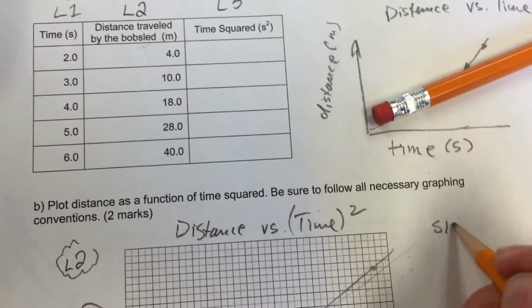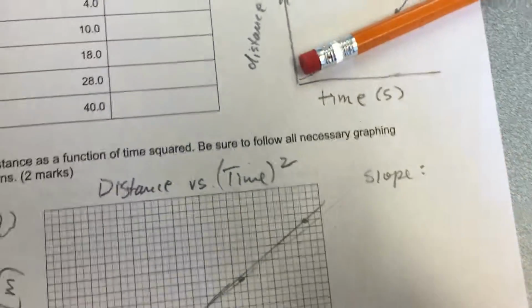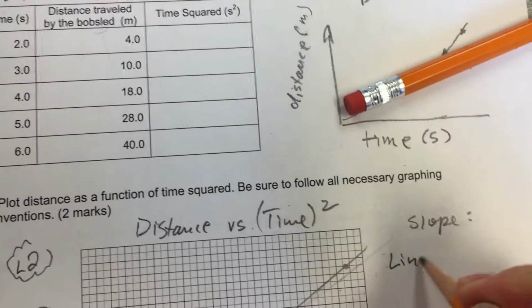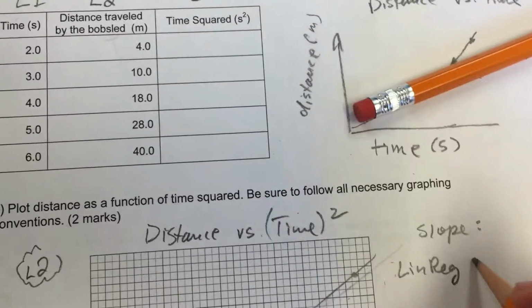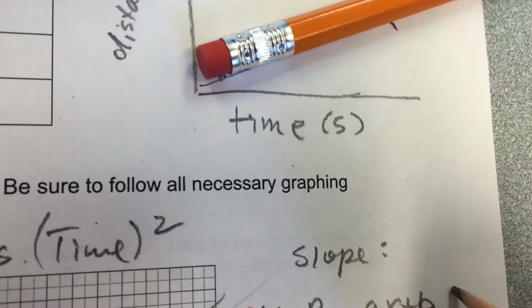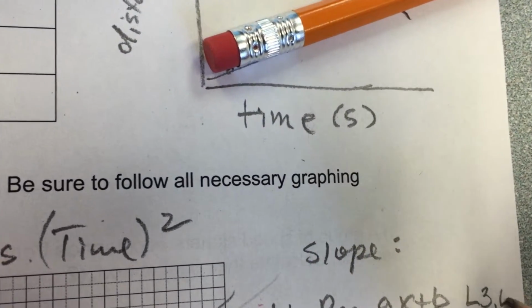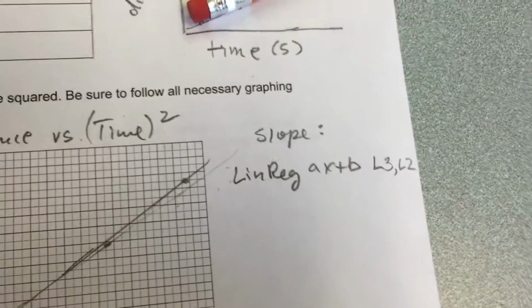And now I want to do a slope. So I'm going to do a slope calculation over here. And you could also do y-intercept. So I want to do linreg, linear regression, ax plus b. And I want my x variable, which is L3, and my y variable, which is L2.